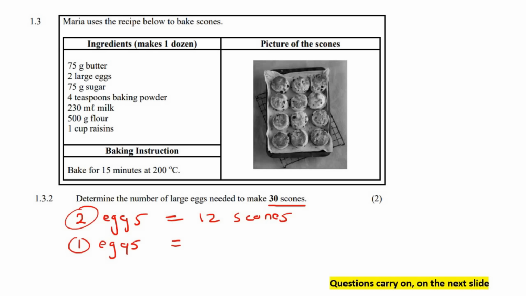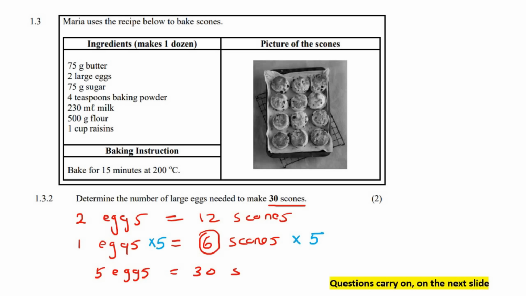I divided by 2. What you do to the one side, you do to the other side. So if you have 1 egg, then you can make 6 scones. Now, how could I get this to 30? Well, 6 multiplied by 5. In mathematics, what you do to the one side, you must do to the other side. So 5 eggs would give us 30 scones, because 6 times 5 is 30.